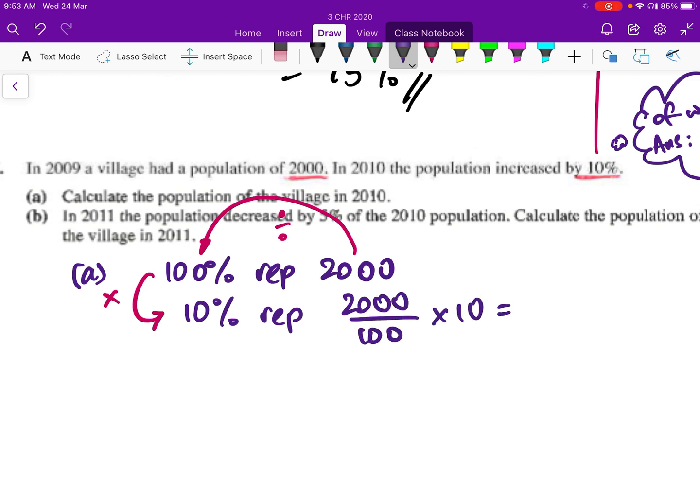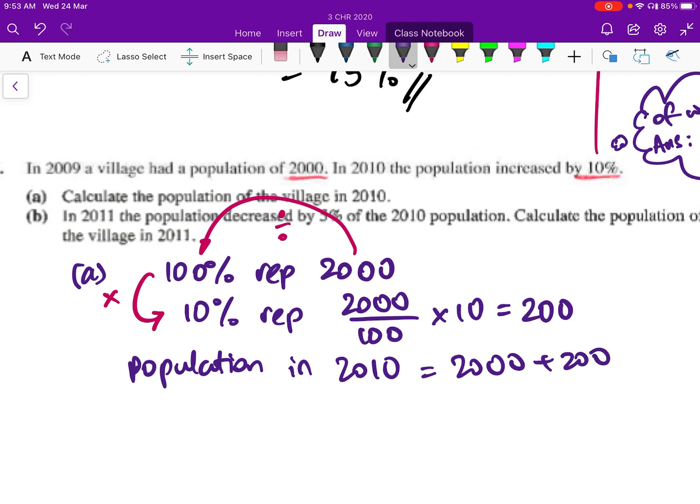That gives us 200. So this is the increase. There's an increase of 200. So the new population in 2010 must be 2,000 plus 200, which is 2200. Okay, this is one way to do it.